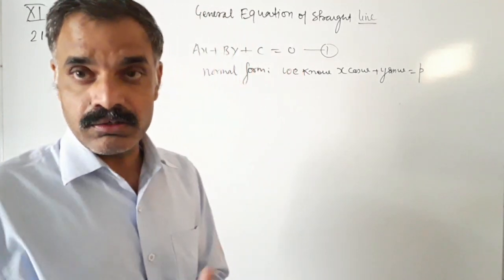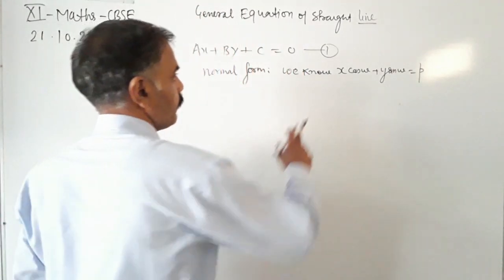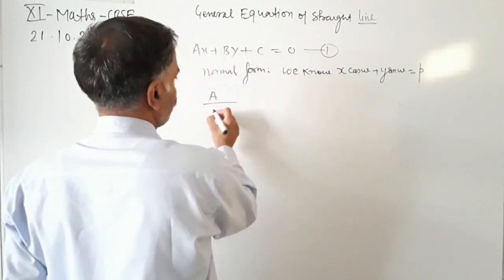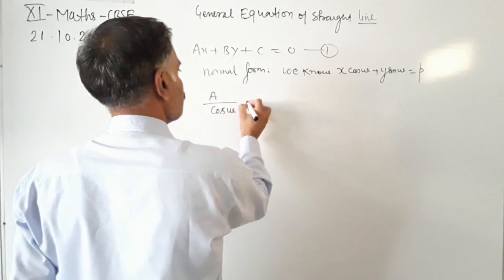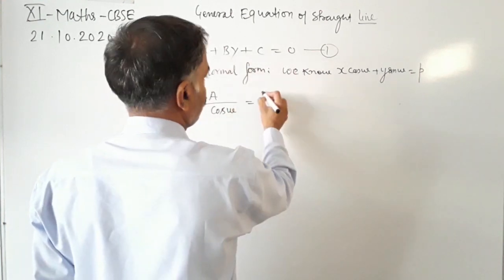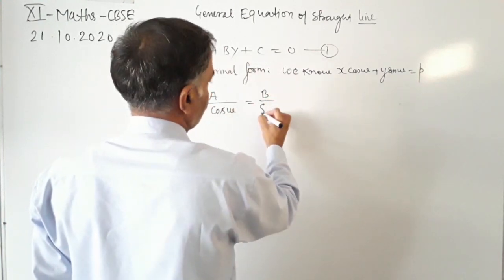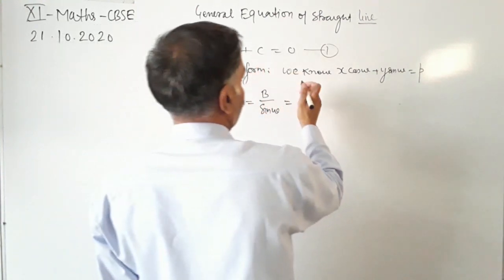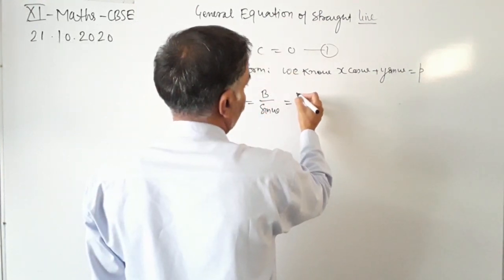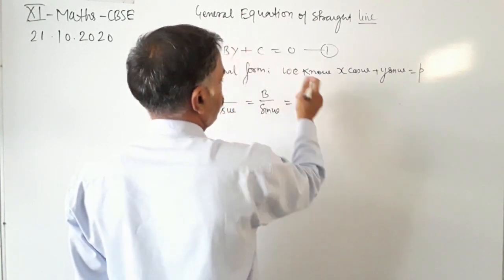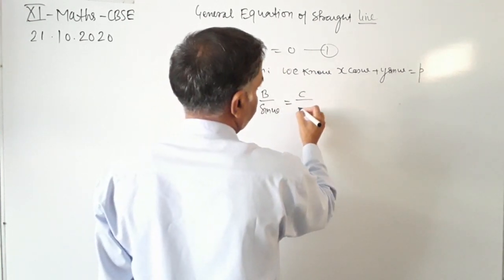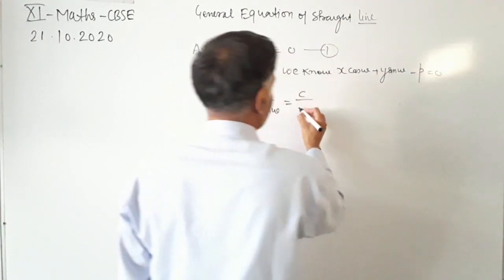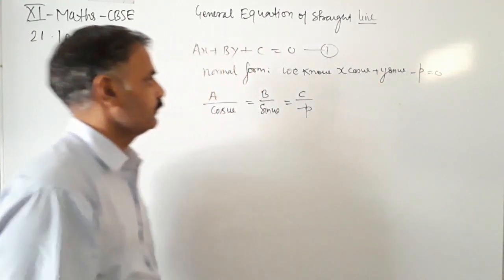Okay, clear all of you? Now comparing this, we will have a upon cos omega equals b upon sin omega equals c upon minus p, since the equation is x cos omega plus y sin omega minus p equals 0.